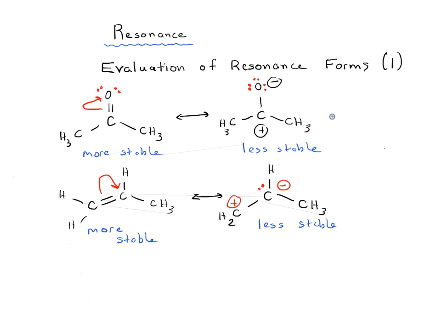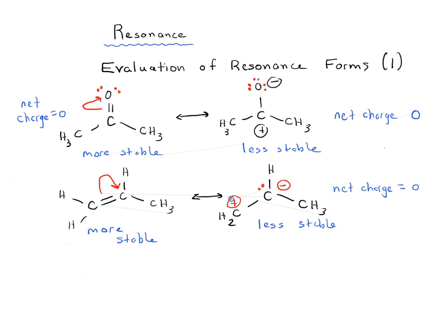And we should note that the net charge, actually in this case, is still 0 because the negative and positive cancel out. So the net charge hasn't changed. The net charge is still 0.